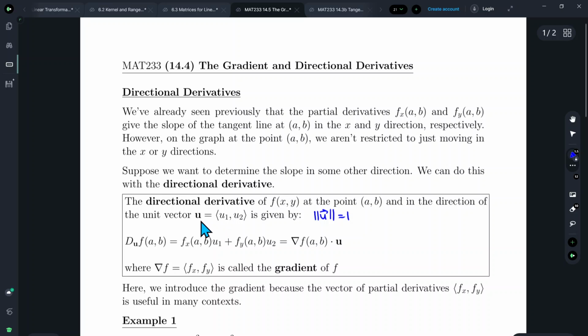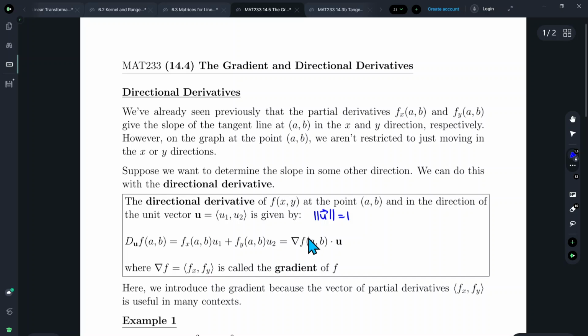In any case, once you have your unit vector direction, then essentially the calculation of the directional derivative is just a dot product with the direction vector. This notation here is called the gradient vector, and the gradient vector is just the vector with the two partial derivatives as the components.